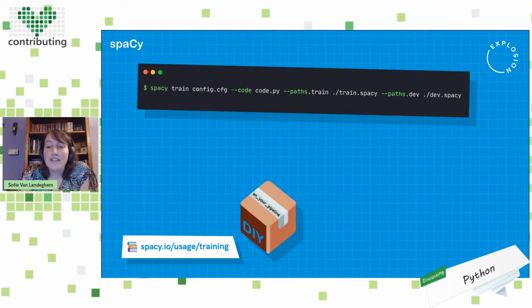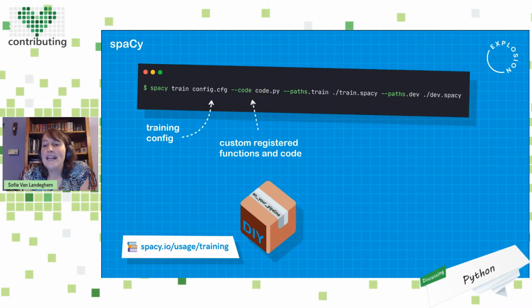It takes a config file where you will have all of the settings, and I will come back to this extensively later on. You'll also be able to define your own registered functions and so forth. And then, as I said, you'll be able to train this pipeline on your specific custom datasets. So this is extremely powerful. And so I think these do-it-yourself, let's call them, trained pipelines can be very powerful to solve your use case.